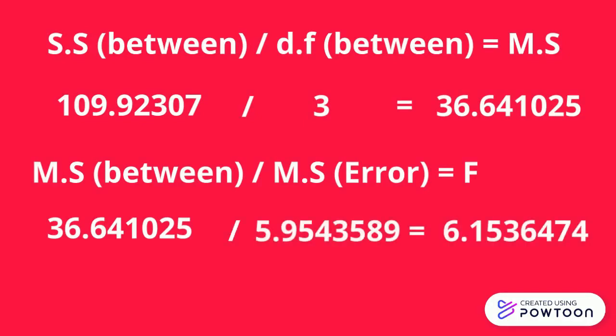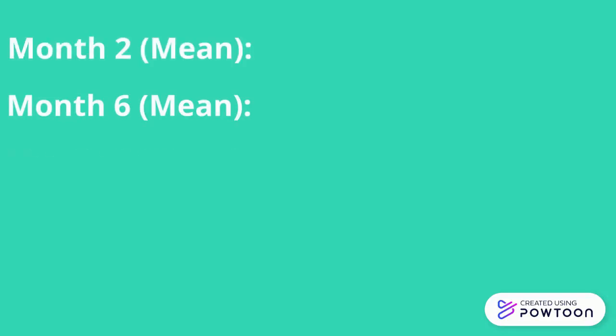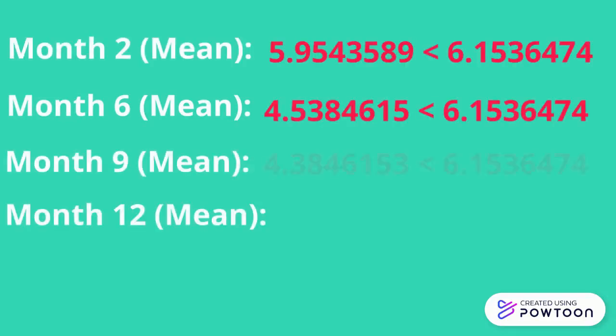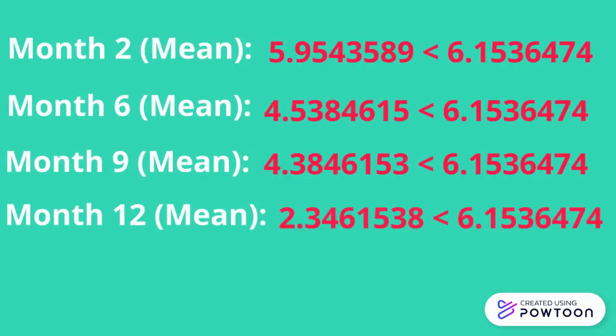We will then take that number and divide it by our error mean square to get our f value. Now that we have completed the source table, we will take our f value and compare it to each group's mean to determine if there is a significant difference.